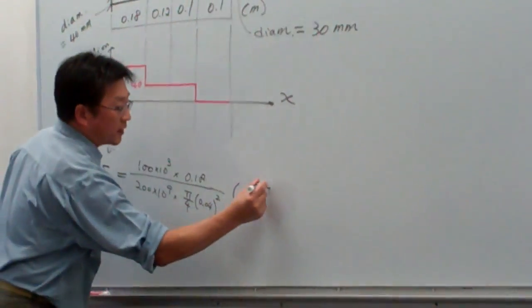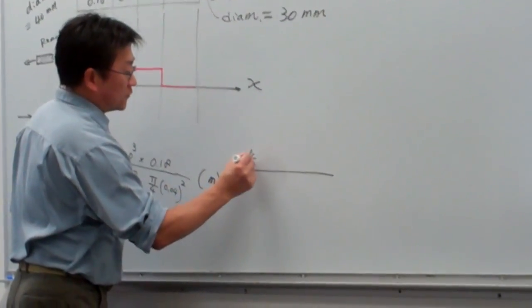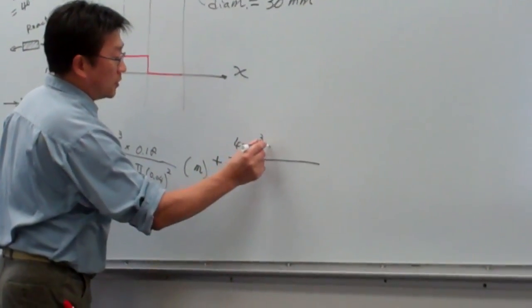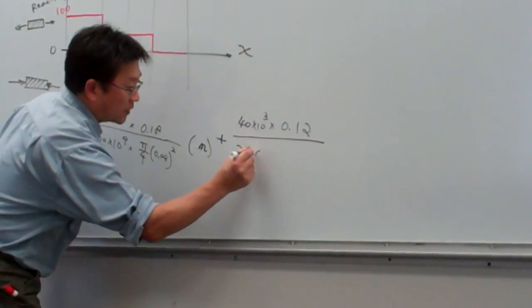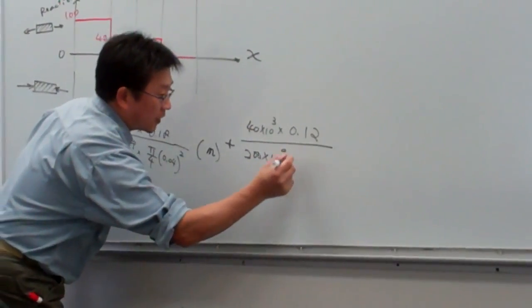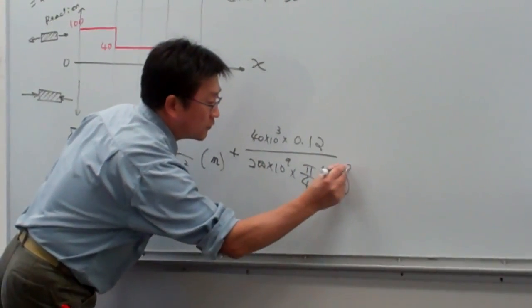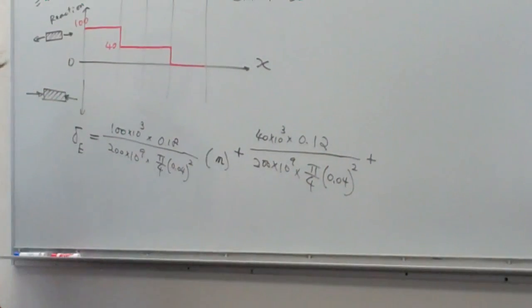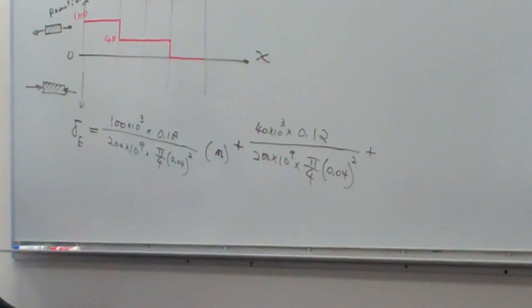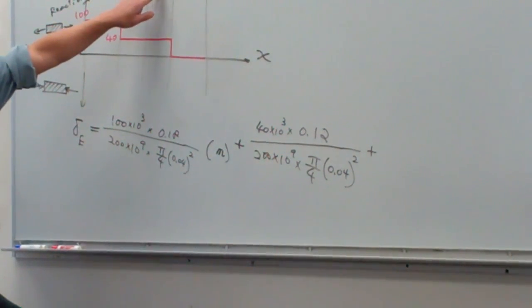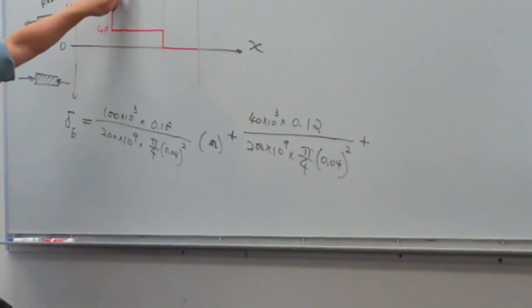For the second one, again, we plug into the calculation PL over EA. The force is 40 times 10 to the 3, L is 0.12, E is 200 times 10 to the 9th, and A is pi over 4 times 0.04 squared. Isn't one of those sections, the section to the left, under 60 kilonewtons?